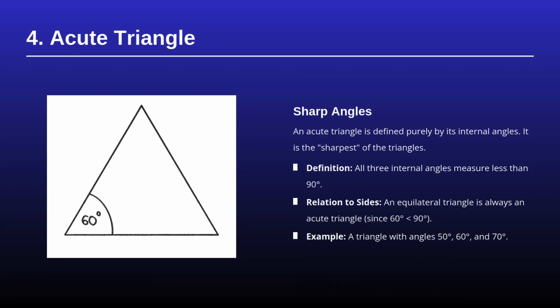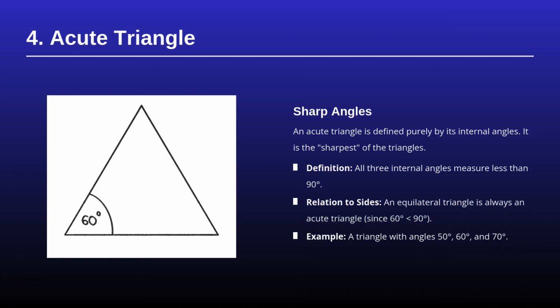In the figure you can see a triangle where all three angles are less than 90 degrees. One of the measures is given as 60 degrees. Since 60 degrees is less than 90 degrees, and the other two are visibly less than 90 degrees, this is known as an acute angle triangle.